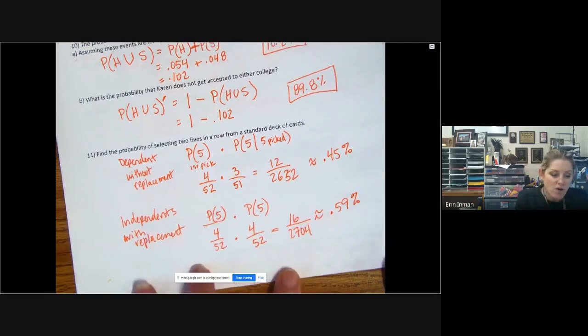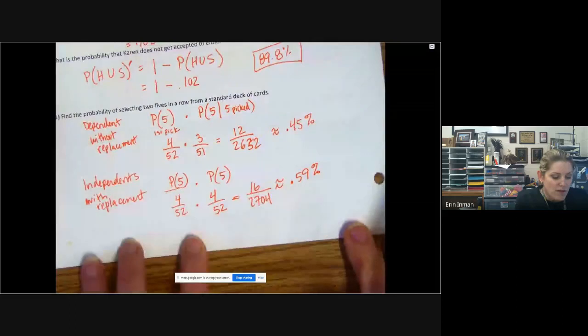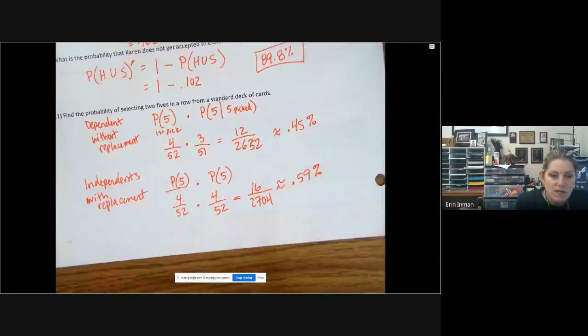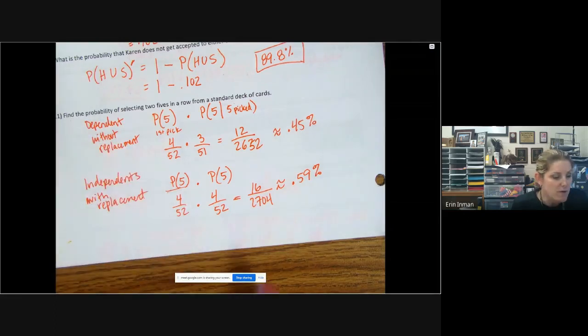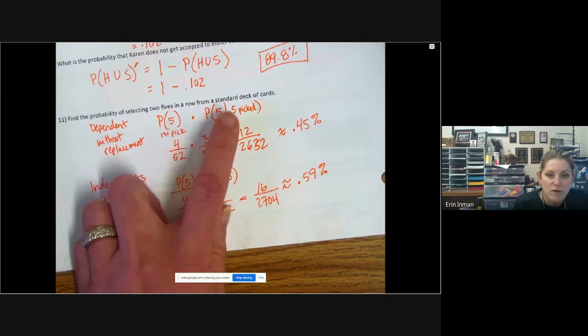So as we're looking at these independent and dependent events, remember, if it's multiple things happening, we're going to multiply those probabilities. I'm sorry, if it's independent, multiply the first one times the second one. If it's dependent, we have to think about what's going to happen to that second probability.